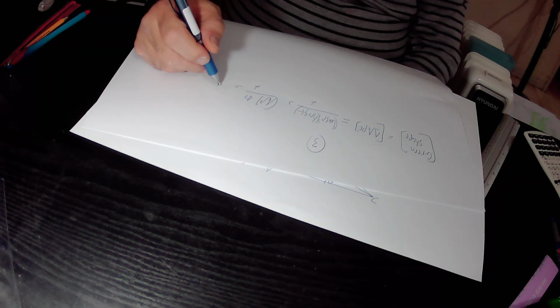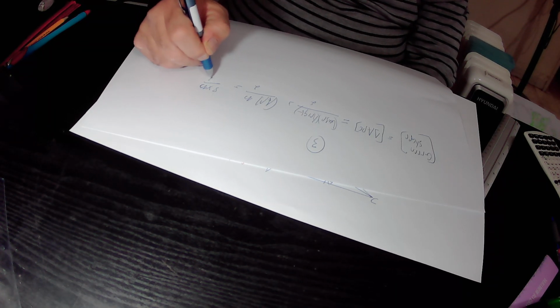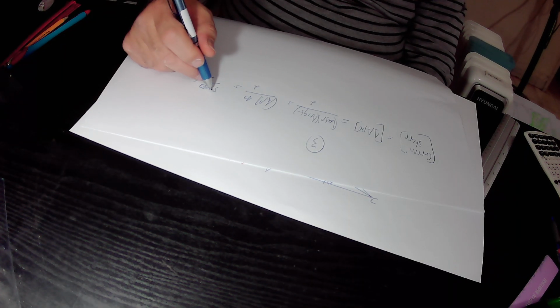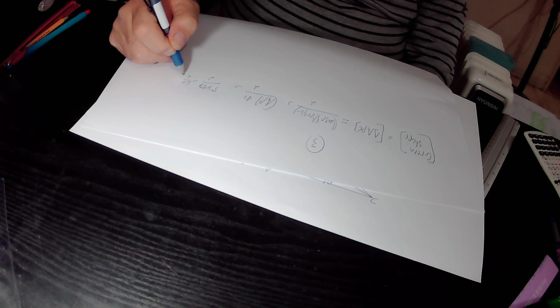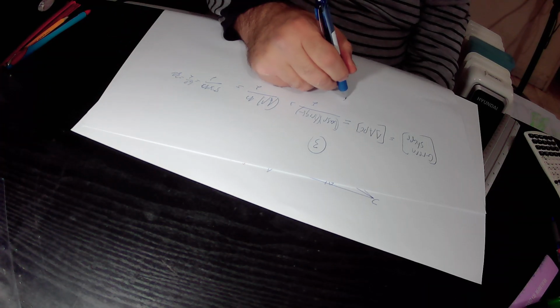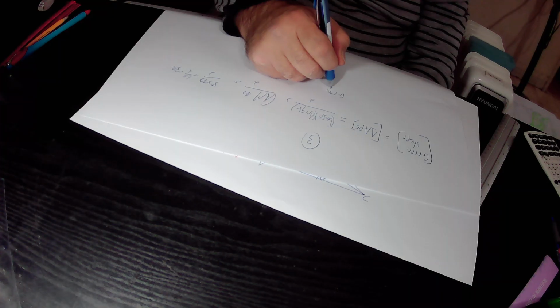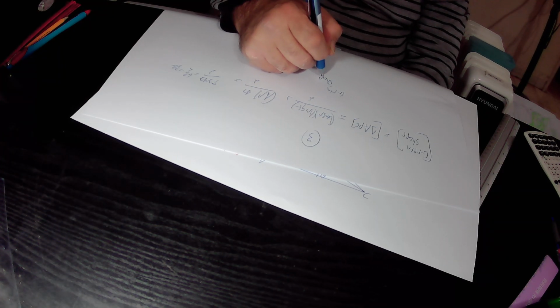So here we have 5 times 12 over 2 as the area of the green shape. 5 times 12 is 60, and 60 over 2 is 30. So in total we found that the area of the green shape is equal to 30 square meters in size.